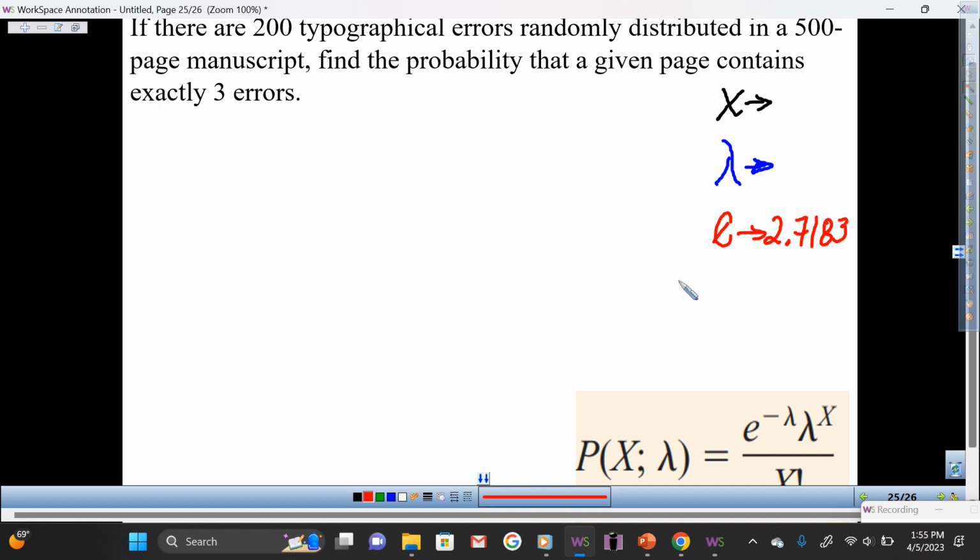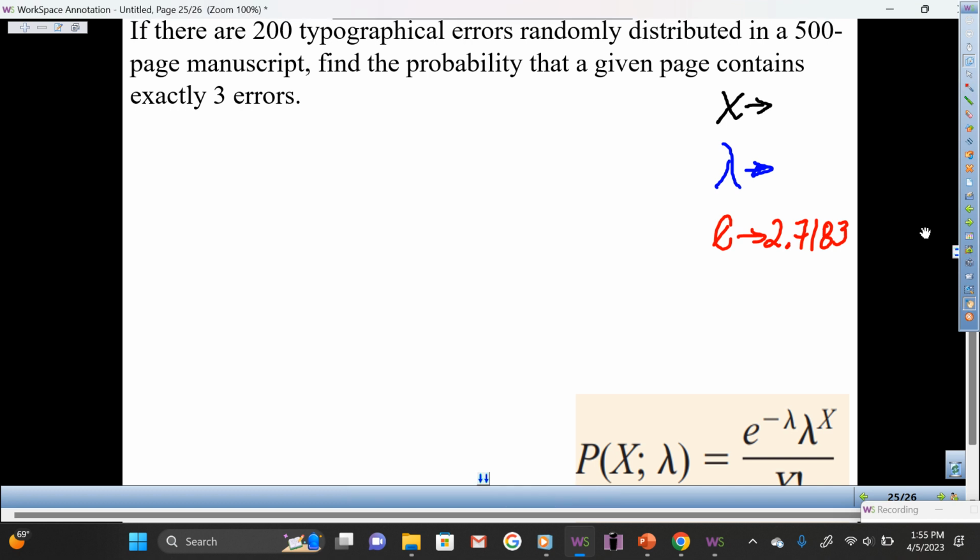Okay, we got that. All right. So from here, tell your neighbor what X is. What are they asking us to find? Very good. 3. All right. So which means that what's left should give us our what? What does lambda stand for?